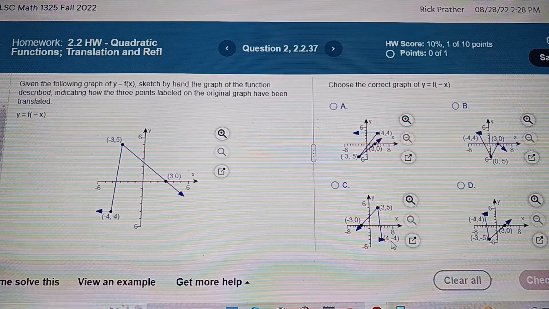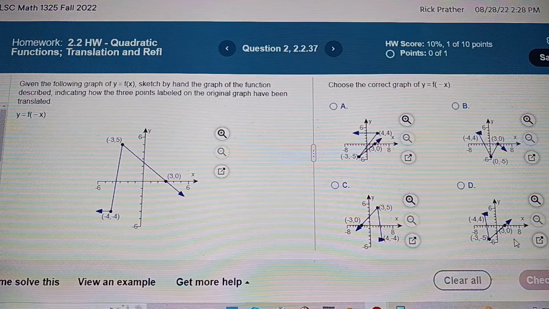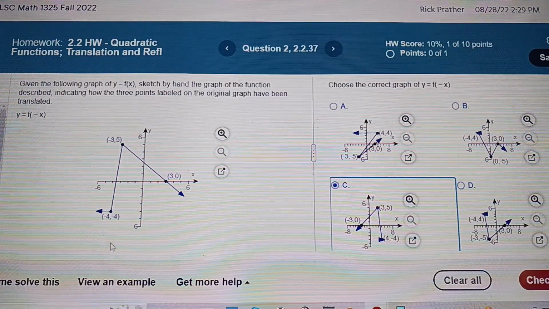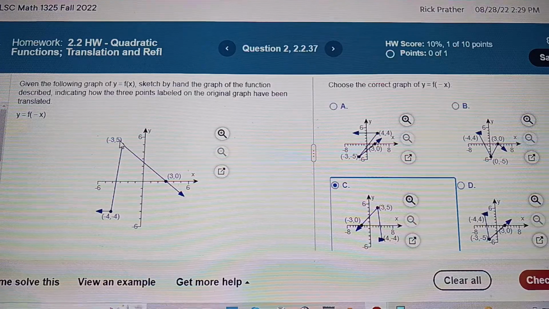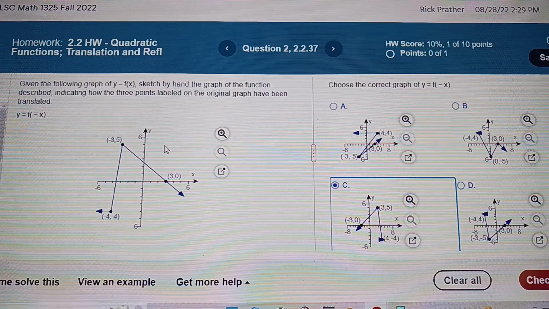That has 4, -4. This doesn't, and this doesn't. I already know the answer is C, and I only checked 1 point, but we should check the others to be sure. So now change this -3 to +3. The 5 will stay the same, or think about traveling 3 units this way to get back to the y-axis, then another 3 here.